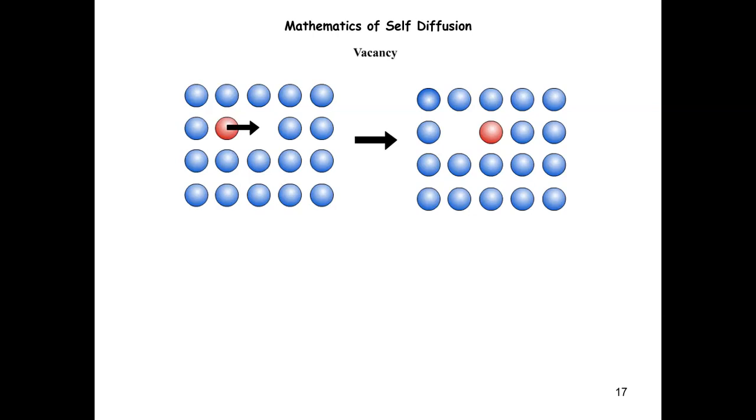So another way of asking this question: what is the condition for you to have self-diffusion? We know interstitial diffusion is straightforward, right? But there's a hidden condition here, which I already illustrated. You need vacancies, right? If there's no vacancy, all the atoms just get stuck in their positions and no diffusion is going to occur.